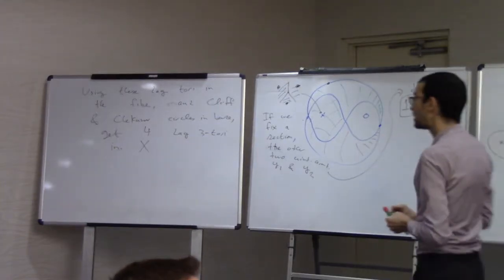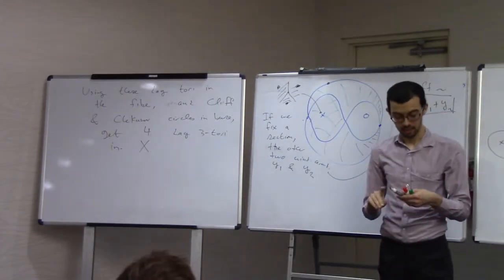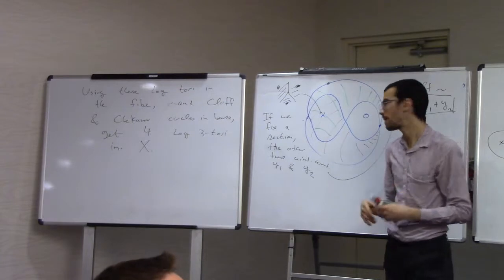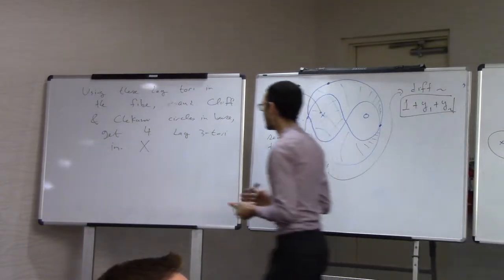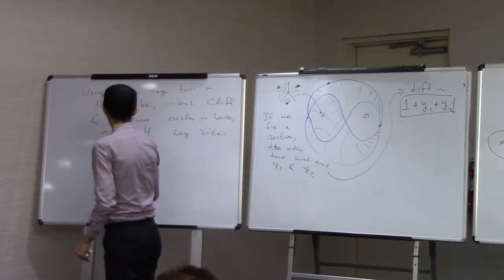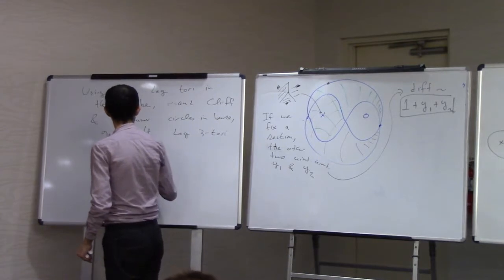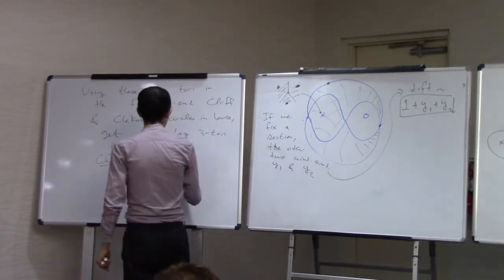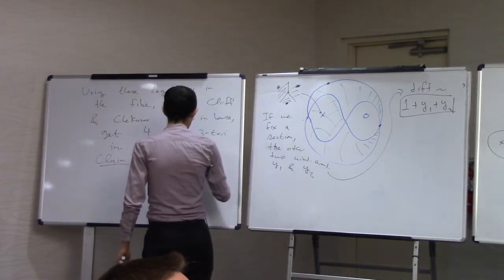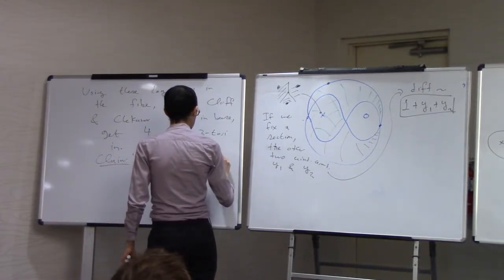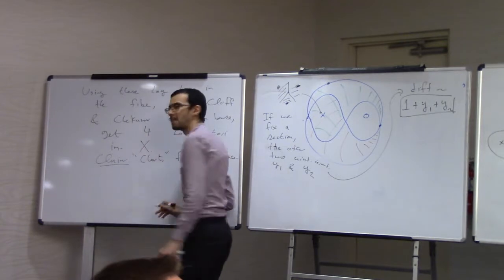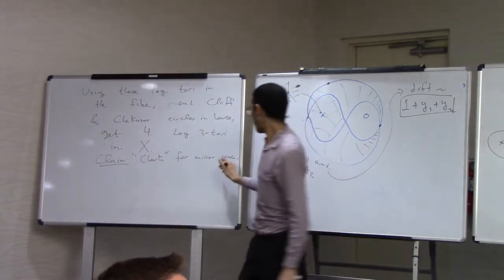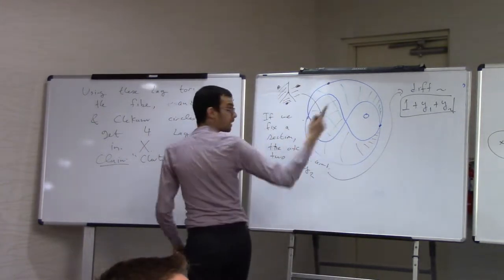Now the claim is that these 4 Lagrangian tori give us our charts for the mirror space, for a big open part, for the complement of the codimension 2 parts of the mirror. But actually, the mirror space is the one that we had before.